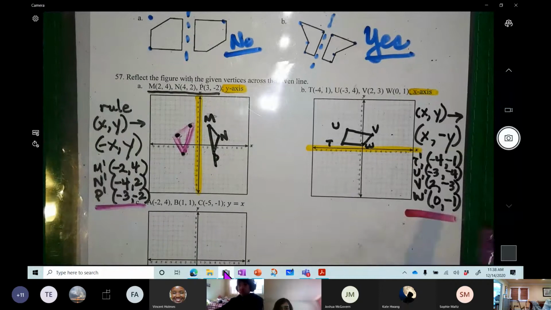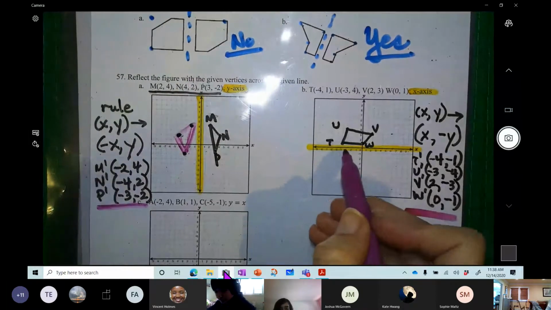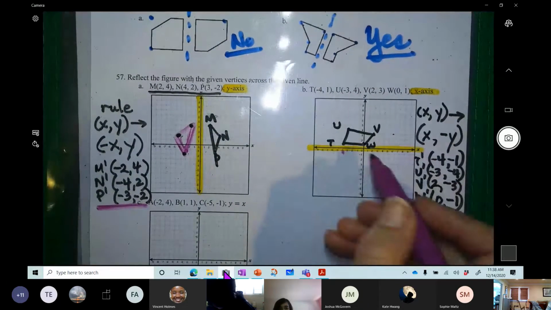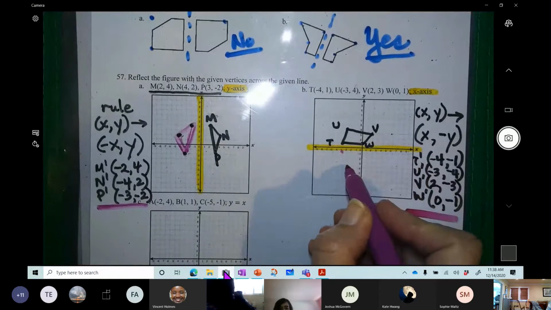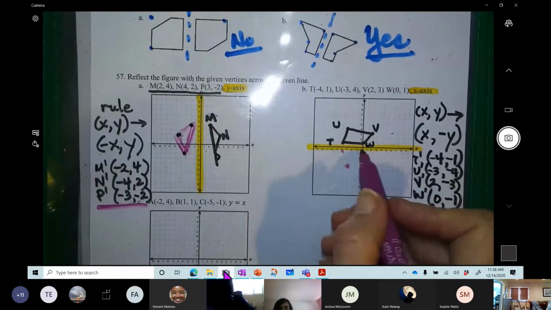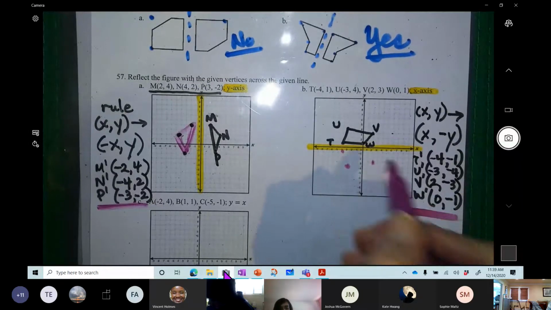Okay, so I'm going to try to do it in this color. So I've got -4, -1. -3, -4 is right there. 2, -3 is right there.